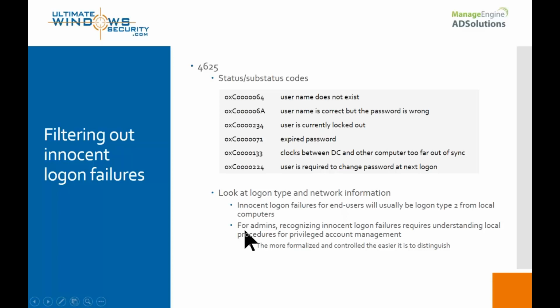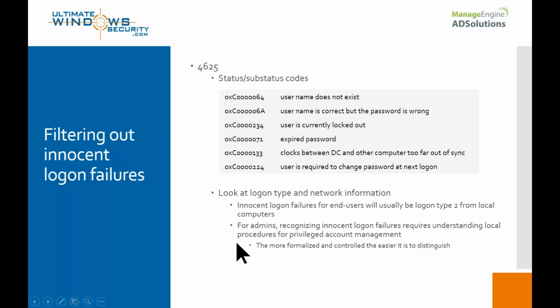Now, what about admins? Because admins fat finger their password too. Usually that's going to be one of the first two. Hopefully they're a little bit more on top of things. They're changing their password when it should be, and so on. But here's the big thing.